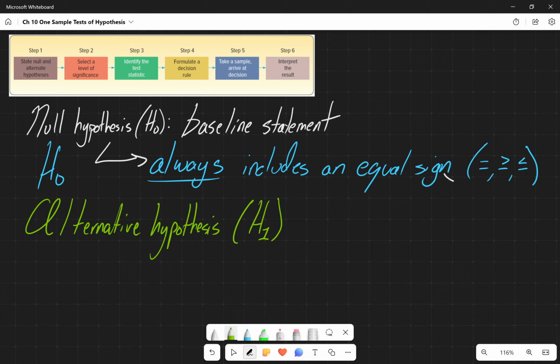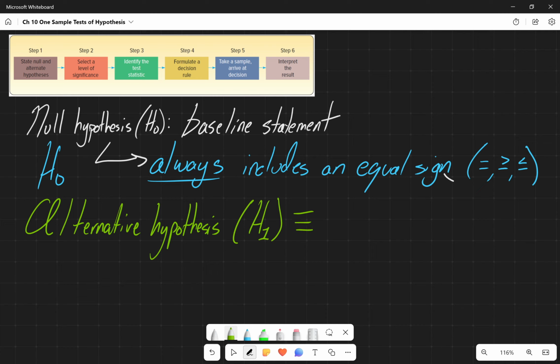It's going to be the statement accepted if the sample provides sufficient evidence that the null hypothesis is false. So we'll write that down here.